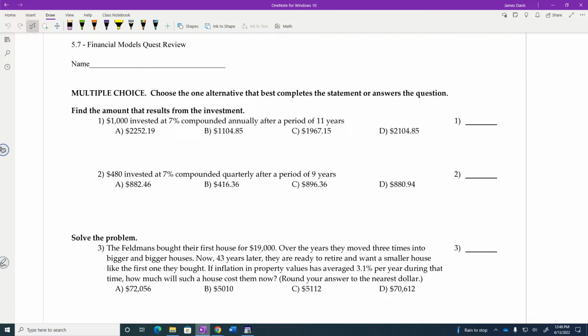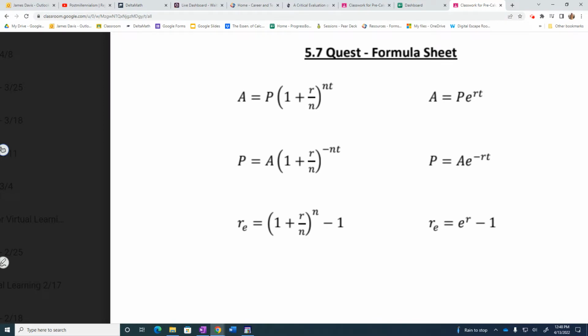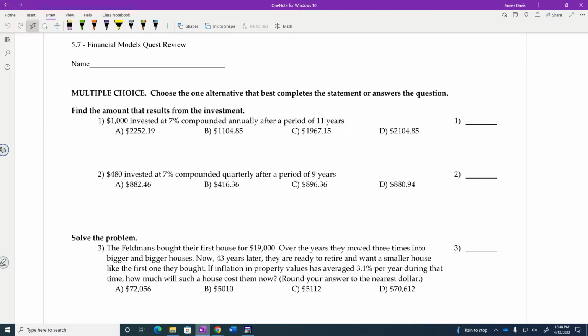So let's go ahead and start with the first one. You're supposed to find, if you invest $1,000 at 7% compounded annually after 11 years, how much money will you have? In this first section, we're going to be using our future value formula, the one we use the most. We start with A, which is our future value.